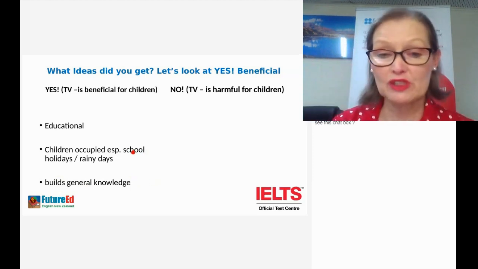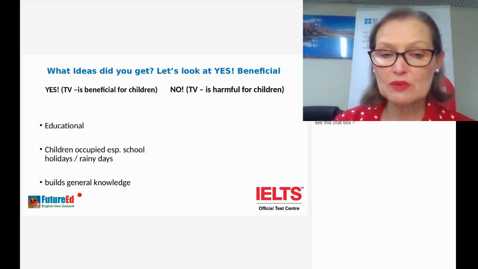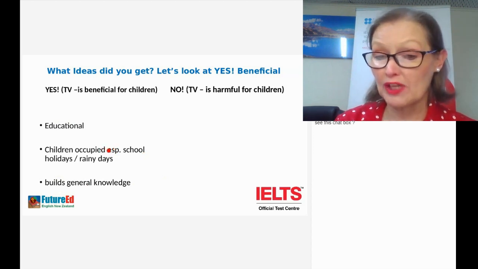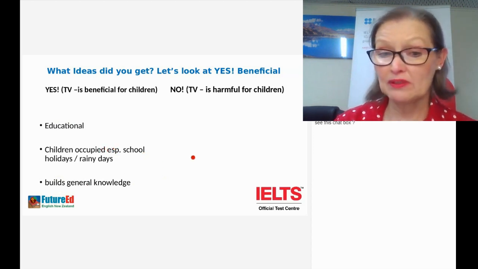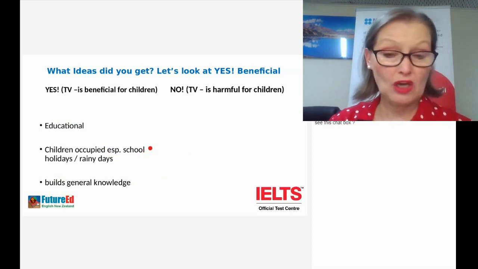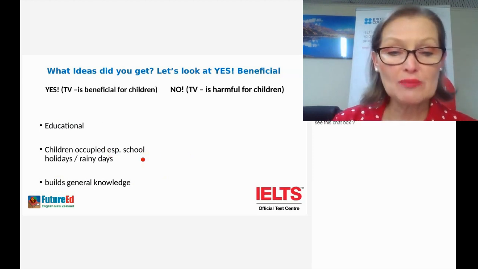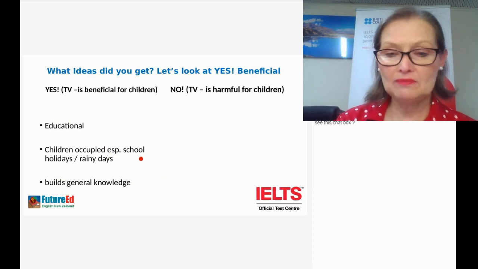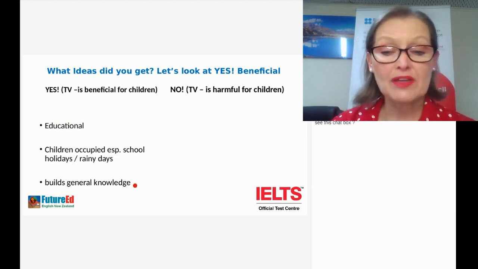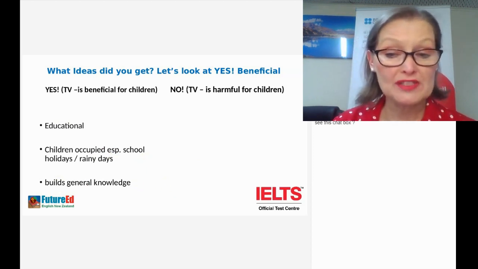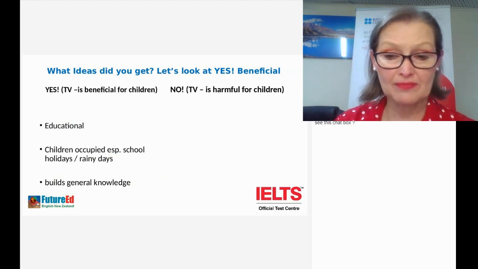But believe me, if you can spend your time here nutting out your good main idea and even jotting down how you're going to support that, or a quick example, like for example, school holidays, it is going to be so much easier to extend that into your full sentences, into your essay in a very organized fashion.